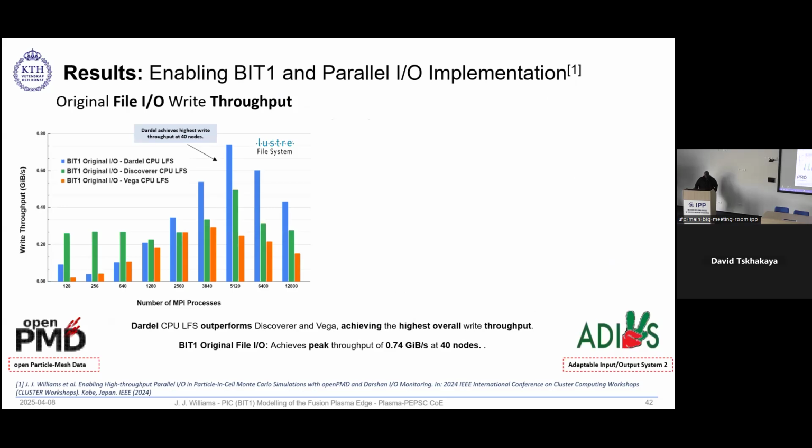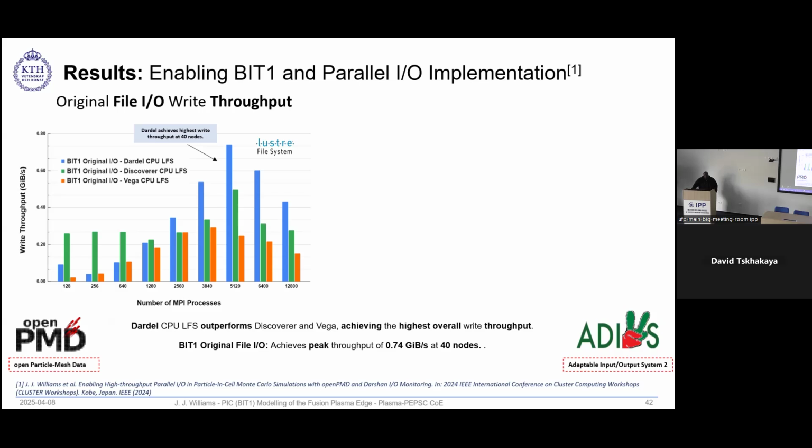Stefan mentioned this earlier, that's the data in BIT1. After a certain point, it has issues on the file system. What you see on the screen is a strong scaling test, and we saw that there's a nice sweet spot. If we use 40 nodes, we achieve the highest write throughput on most of those machines.